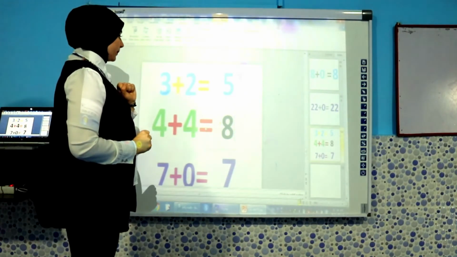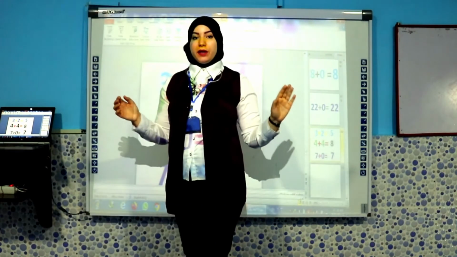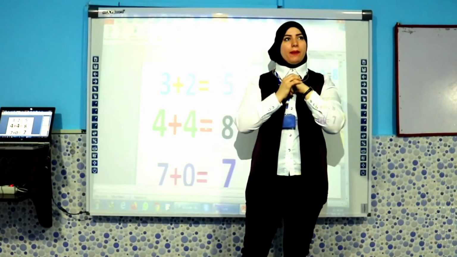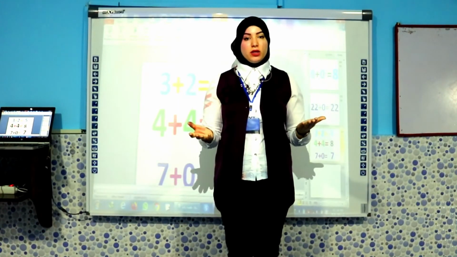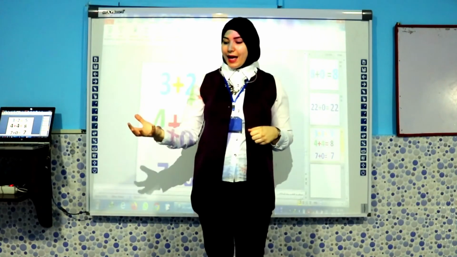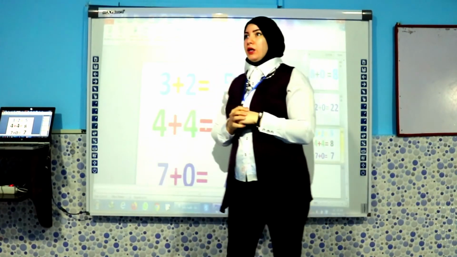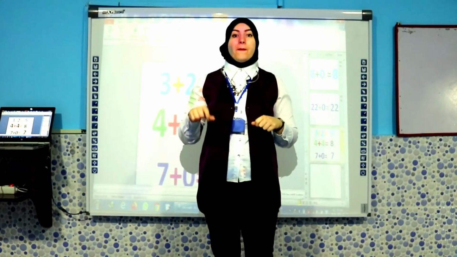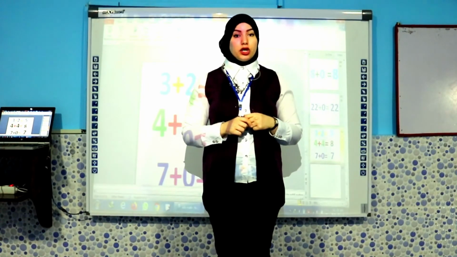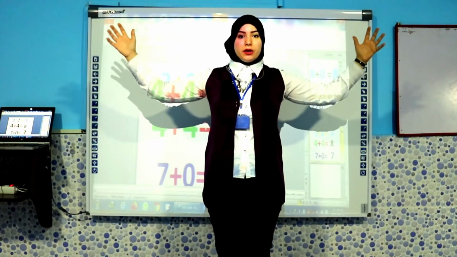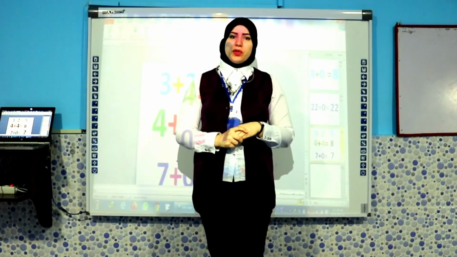The last thing we talk about is the addition. Addition means adding something to another thing. The sign of the addition is plus. Plus is searching for the bigger number. What am I supposed to do with the bigger number?